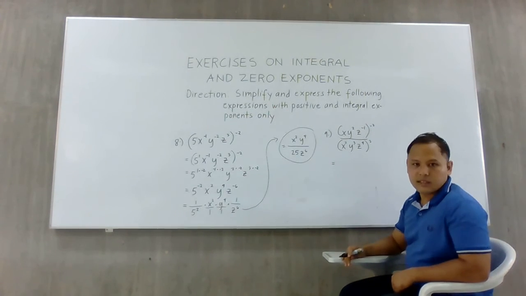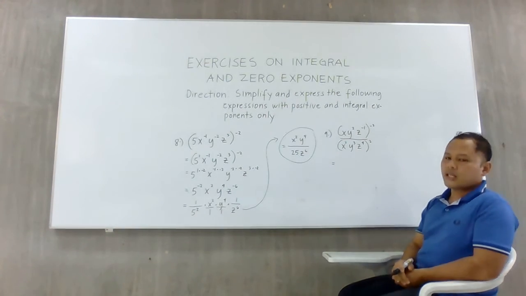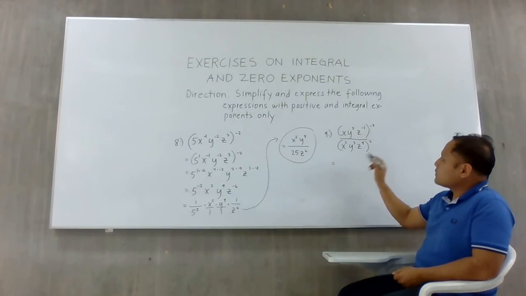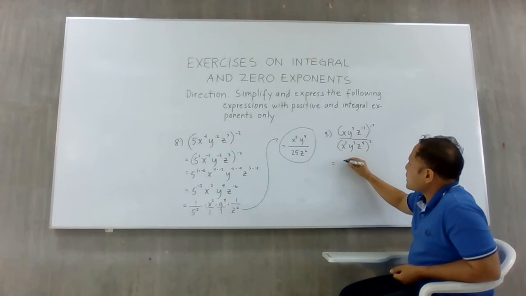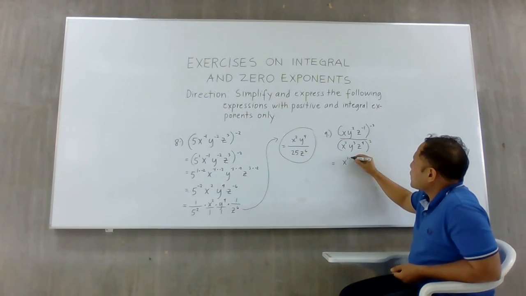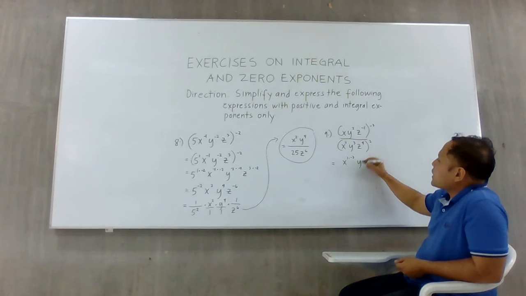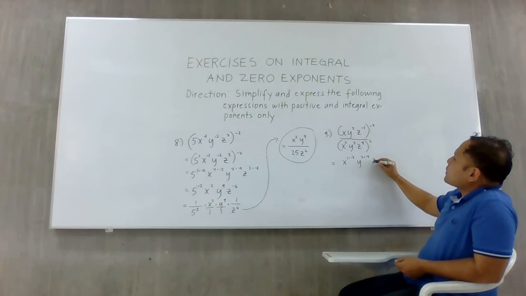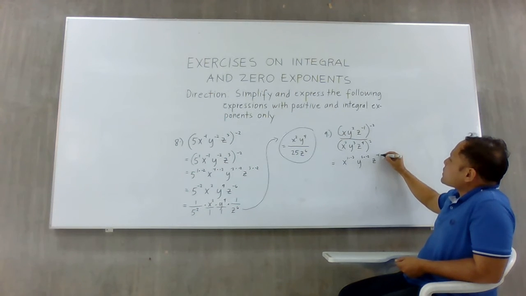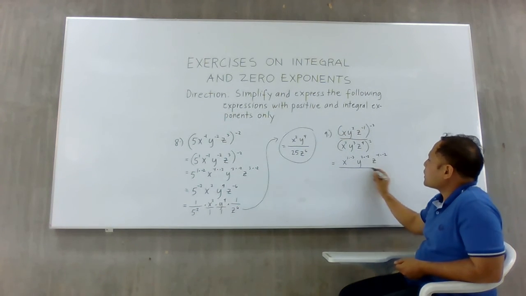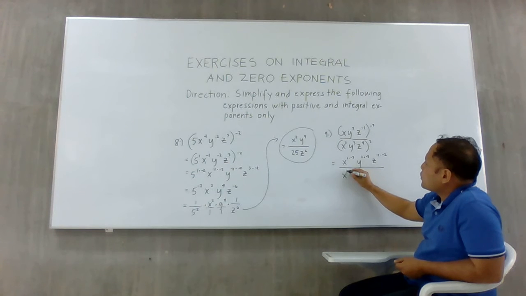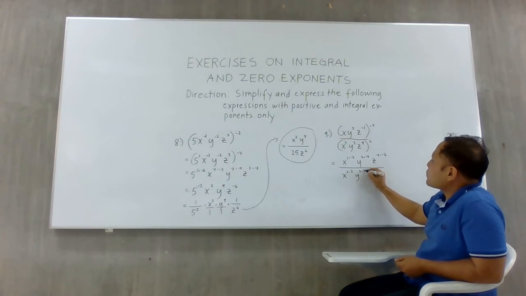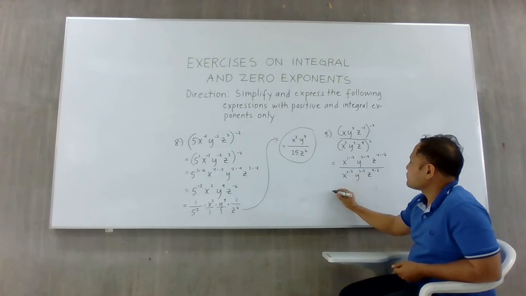Okay? So let's have the distribution of exponents in the numerator and denominator. So we have x, 1 times negative 2, y, 2 times negative 2, z, negative 1 times negative 2. In the denominator, we have x, 2 times 2, y, 3 times 2, z, 4 times 2.